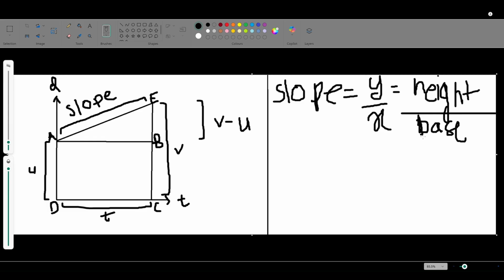So in our graph here, I need you to find out what is the height and what is the base. The height here is EB, because this is the slope and the height here is EB, by our base here, and our base here is AB.